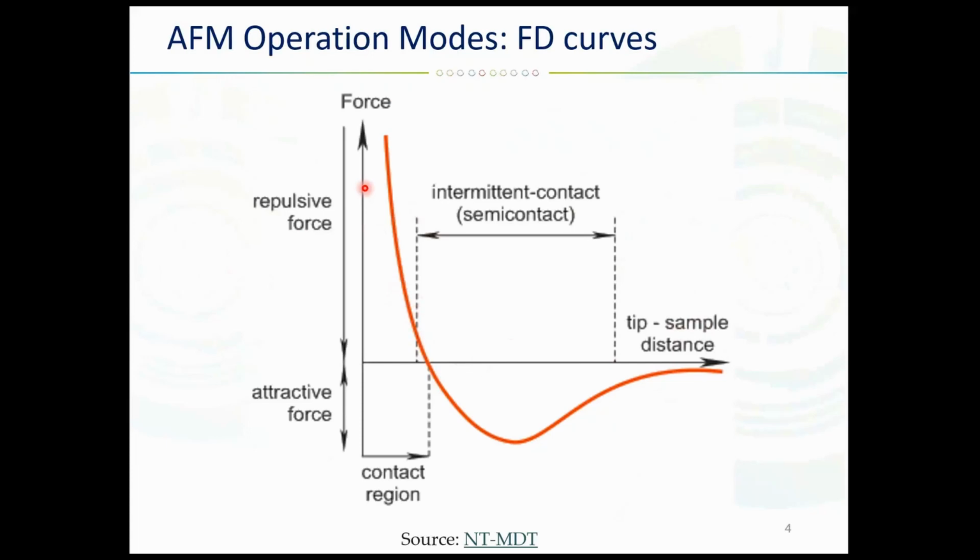When the distance between the atoms of the tip and the atoms on the sample reaches a few angstroms, it's about the length of the chemical bond, so the force will go to zero.